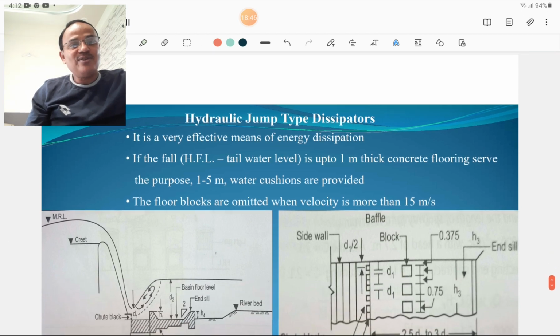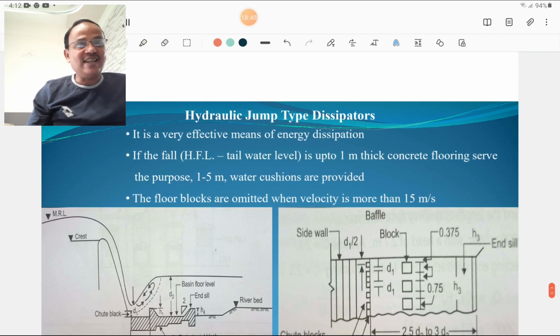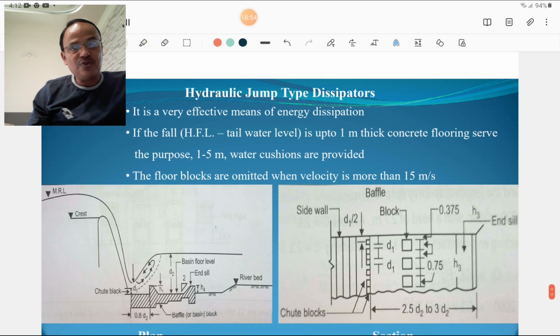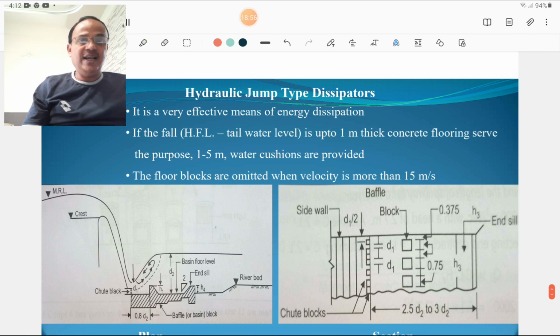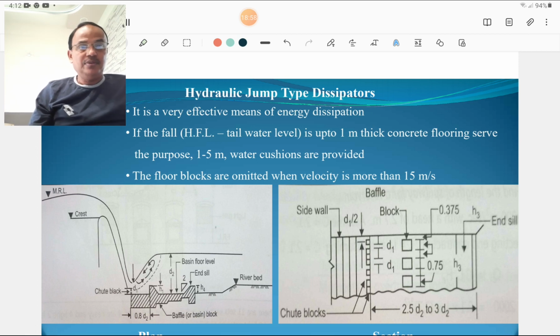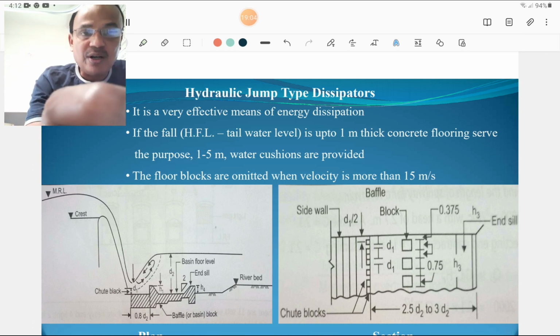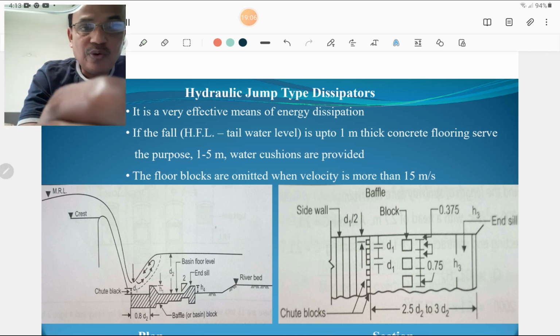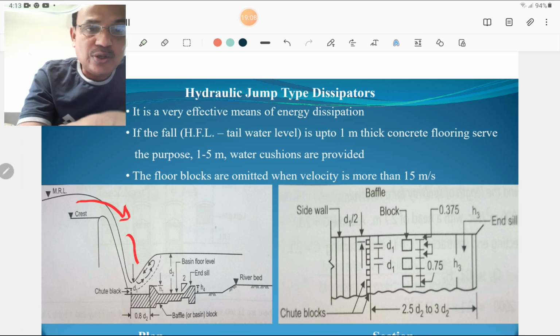Then we are going to discuss the last part of this lecture, which deals with the hydraulic jump type of dissipator. Hydraulic jump, you must know from fluid mechanics, is a very effective means of energy dissipation. Energy dissipation is needed when water carries from the upstream side to the downstream side from a great height.